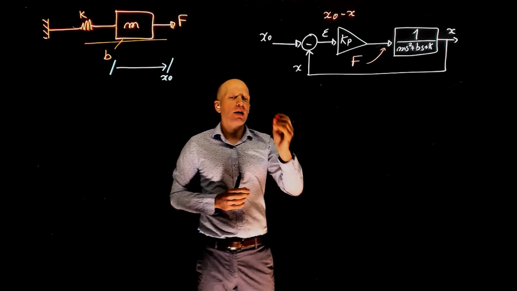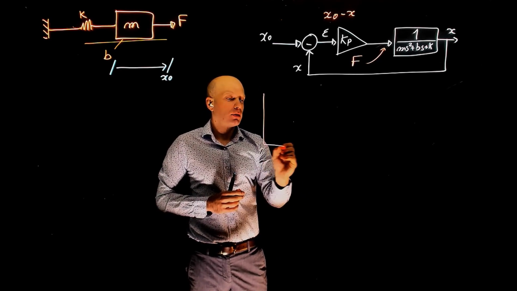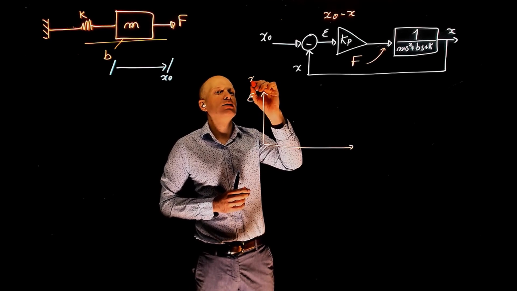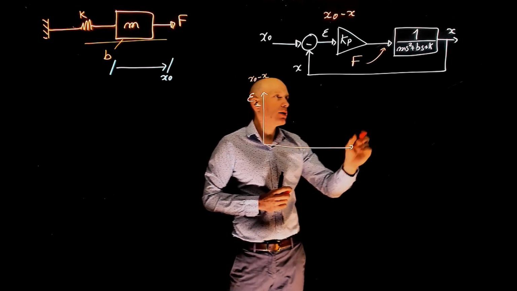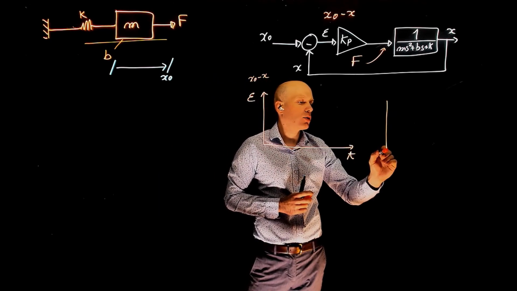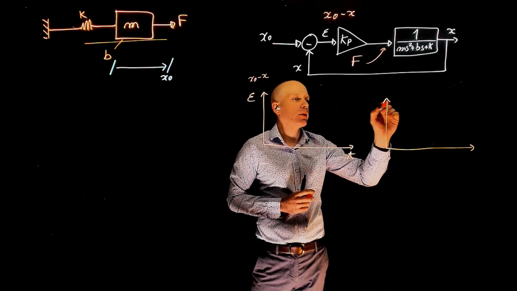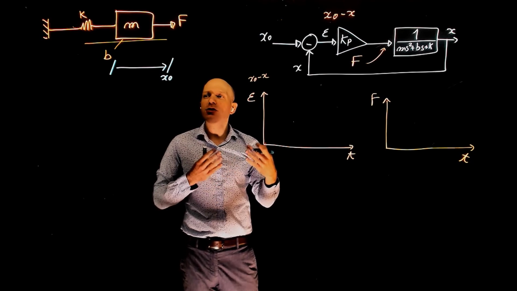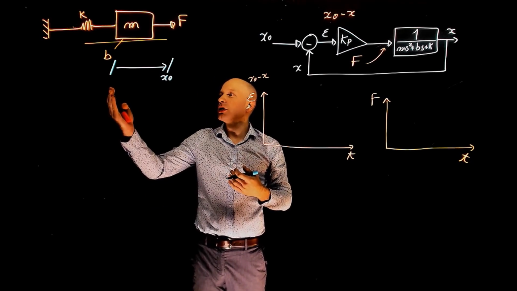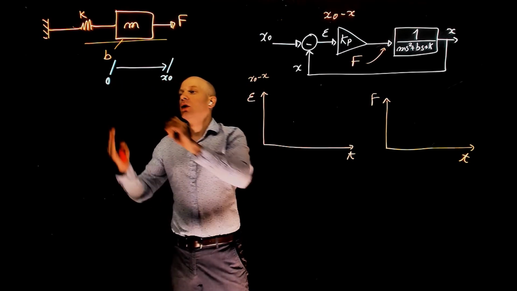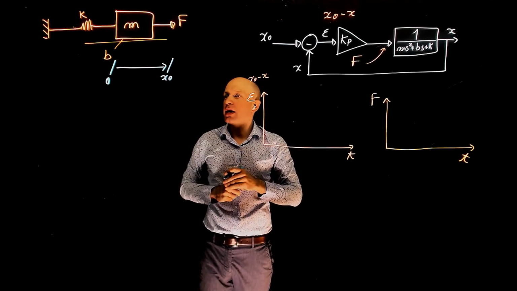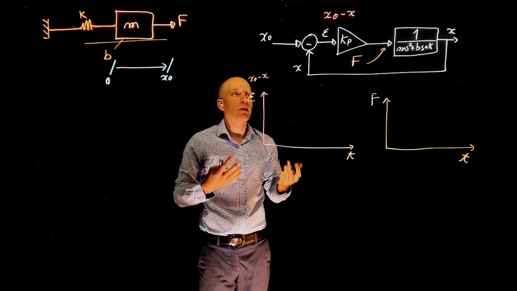This problem becomes evident if we plot the error, that is x0 minus x, and the force, that is the control effort, applied to the mass. So this is F over time. Because the objective is to move the mass from its current position at 0 to x0, and then hold the mass at x0, this characterizes a step input.